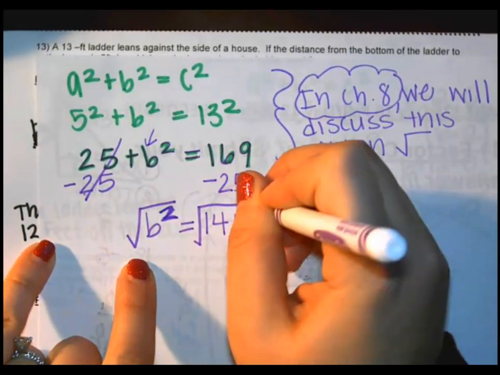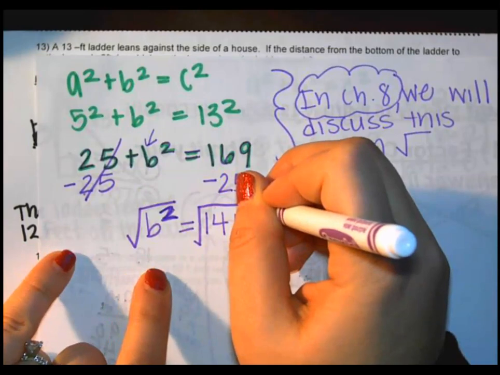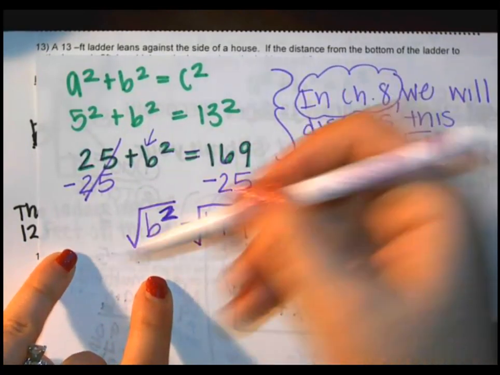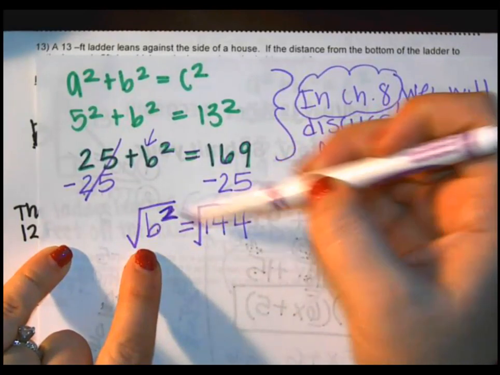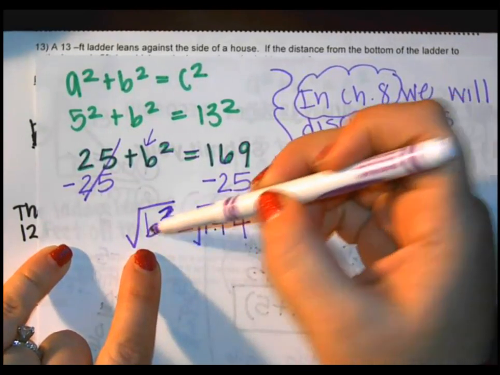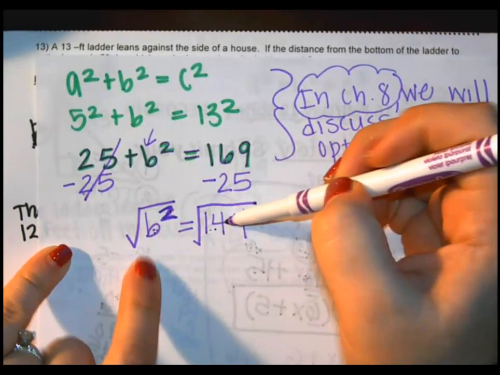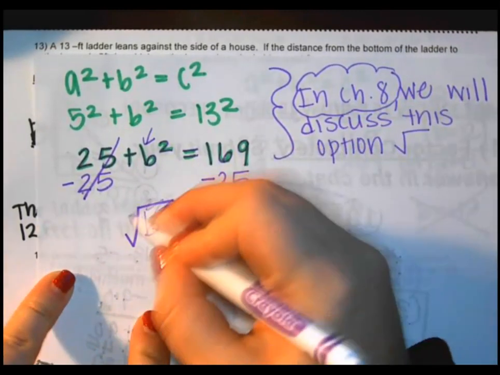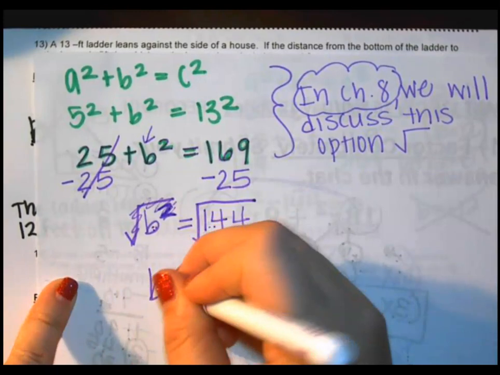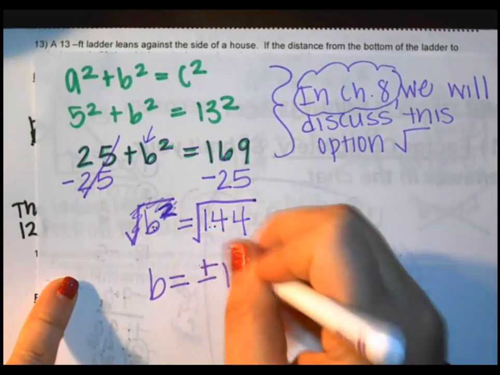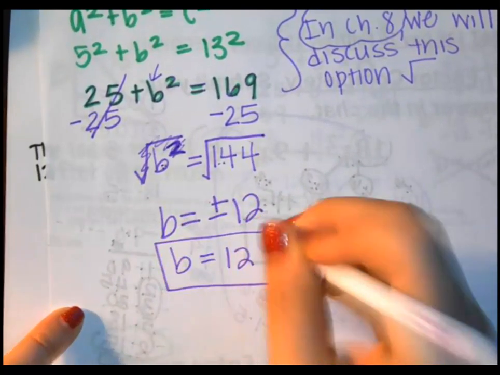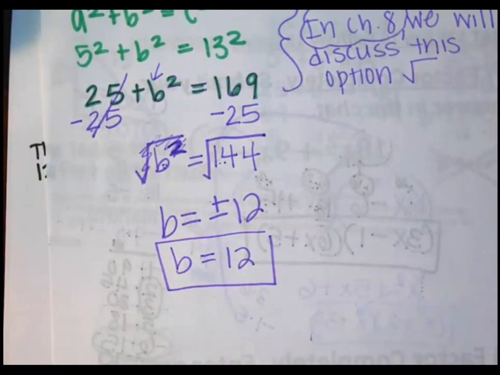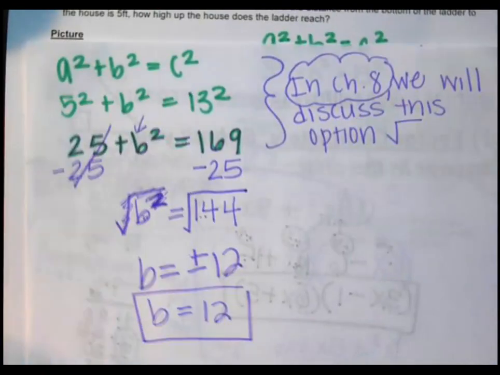And we're going to talk more in detail about why this works. At this point, you could understand here that 12 to the second power is 144 and negative 12 to the second power is 144. So these would essentially undo each other, and we would get b equals plus or minus 12, but we already discussed why we can't have the negative answer. So we would get that the unknown side is 12 feet.